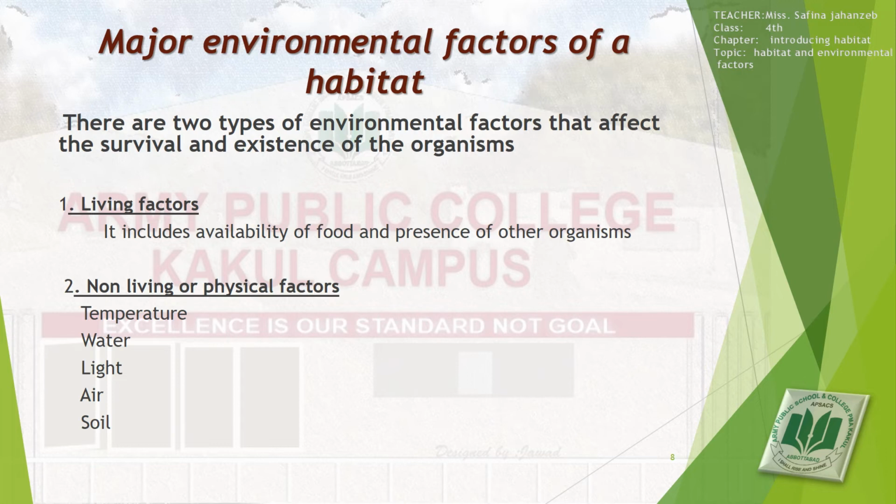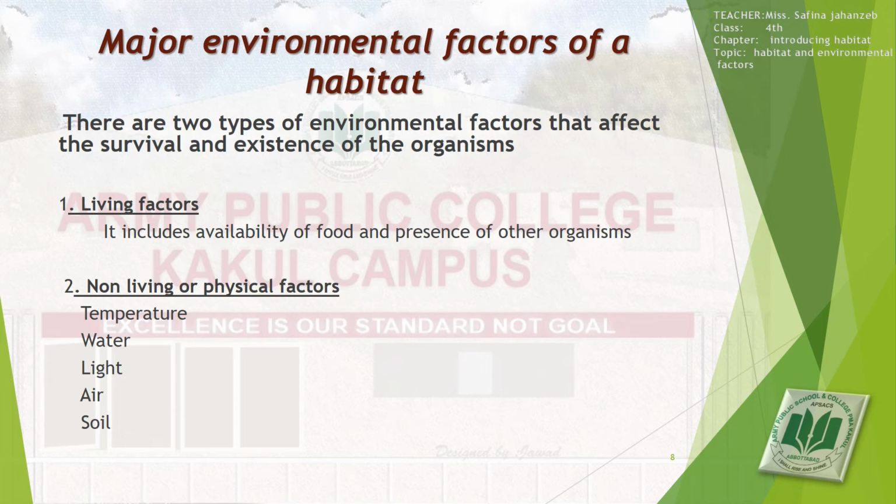Now we are going to discuss how temperature affects any habitat, whether the temperature of that place is very high, moderate, or very low. As we know, the temperature of the desert habitat is extremely high, so only a few animals can live in such a type of habitat.